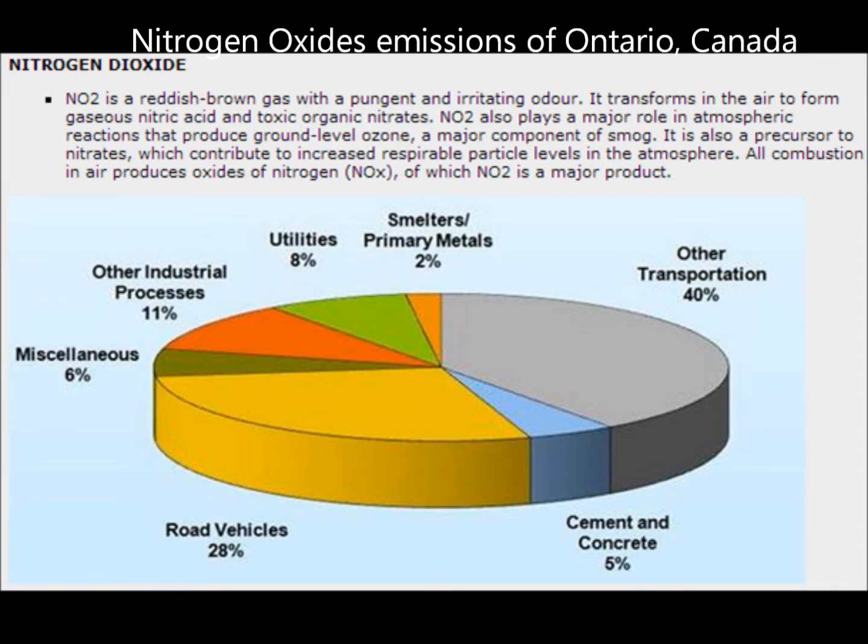Next, we move on to nitrogen oxides emissions of Ontario, Canada, as seen from the pie chart on the screen. Notice that the yellow and grey portions are the largest portions of this pie chart, which are road vehicles and other transportation, at 28 and 40% respectively. This means that road vehicles and other transportation produce the most nitrogen oxides in the atmosphere.